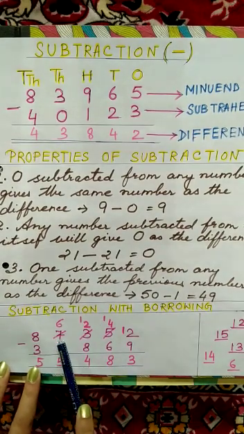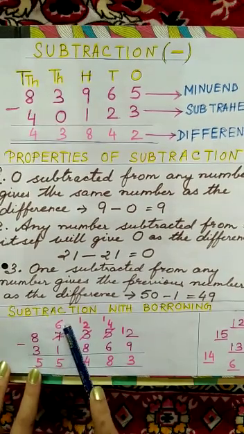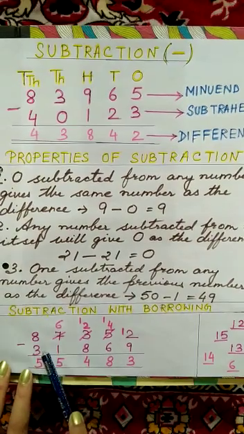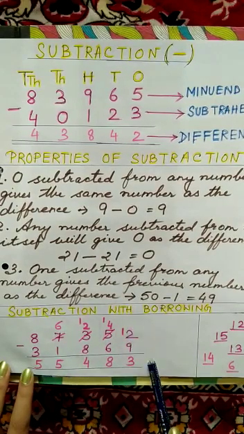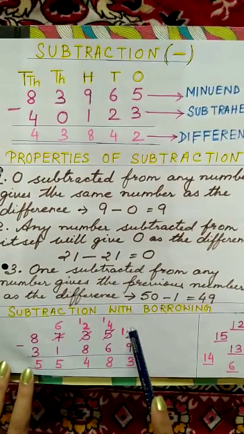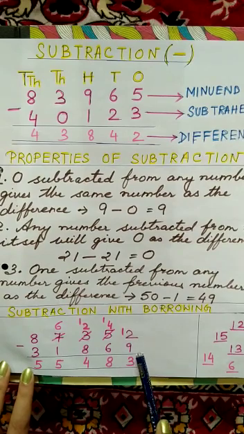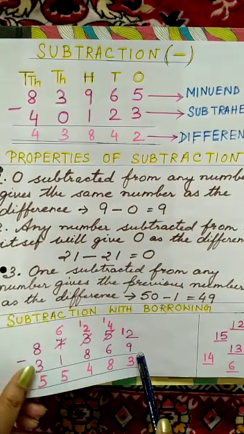Since we borrowed 1 from here, we are reducing it to 6. 6 minus 1 is 5. 8 minus 3 is 5. So, children, we borrow when the digit we are subtracting from is smaller than the digit we are subtracting. I hope subtraction is clear, children.